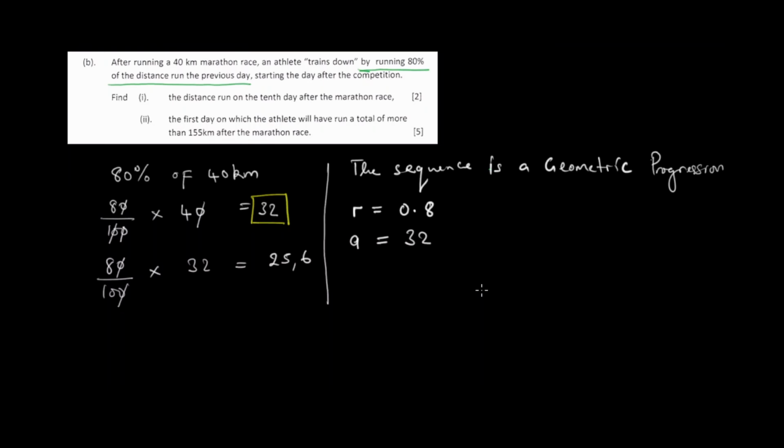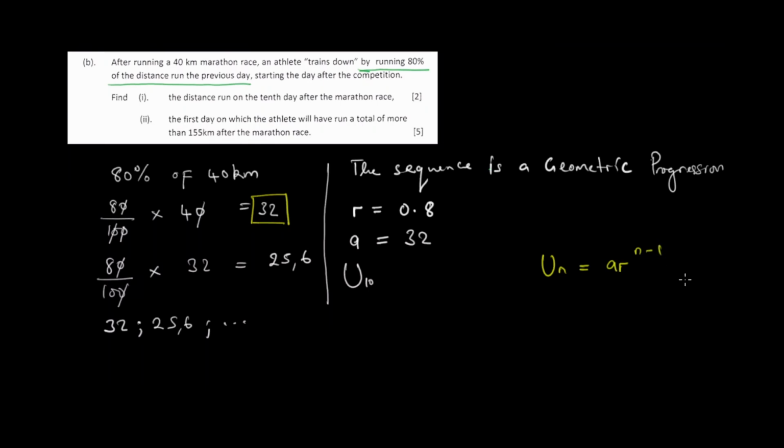That means it wants us to find the 10th term. We continue our sequence 32, 25.6 and so forth until the 10th term. How do we find the 10th term? It is U10 that is being asked. Who remembers how the nth term of a GP is found? U n is equal to a r to the power n minus 1.